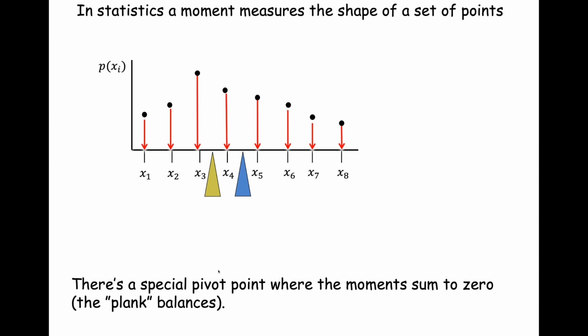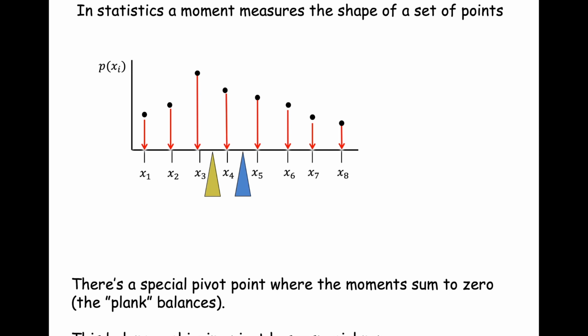And so there's another pivot corresponding to the balance point, and the balance point is that location along the horizontal axis, where if you place the pivot, everything's going to balance, and it balances because the sum of the moments is going to sum to zero.